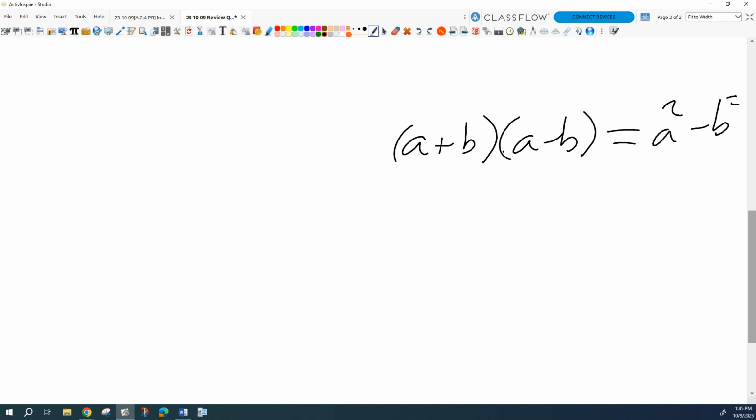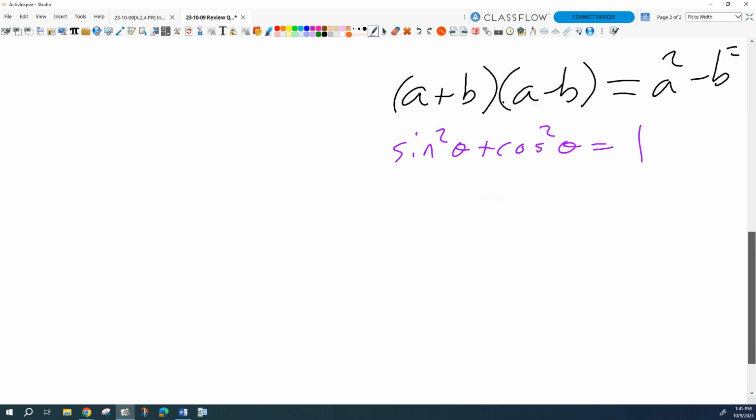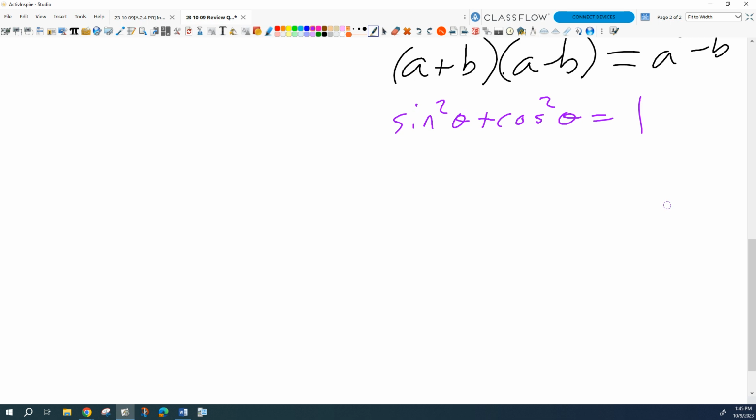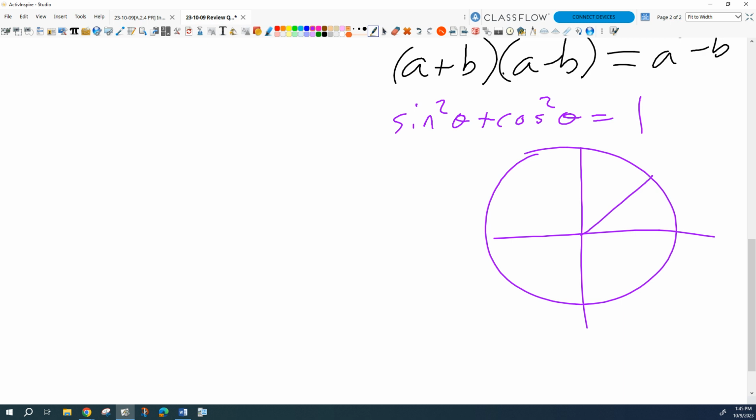Remember that stuff I showed you guys on the Pythagorean trig identities? This is huge. This is the one we use the most. Sine squared theta plus cosine squared theta equals 1, right? On the unit circle, what is that? It's just a right triangle with a hypotenuse of 1, isn't it?